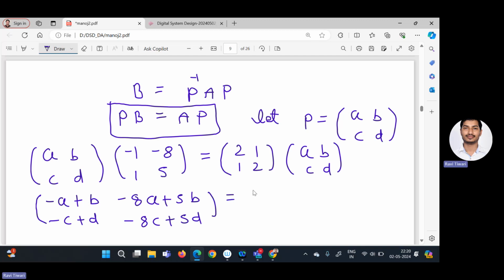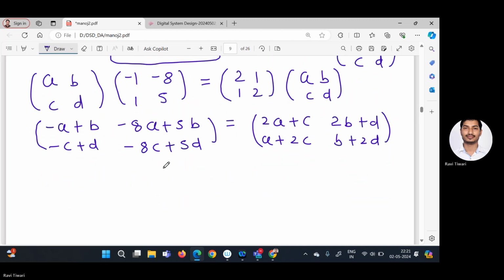On the other side we write 2A plus C, 2B plus D, and A plus 2C, B plus 2D. Now we can equate both sides. The first equation: -A plus B equals 2A plus C.